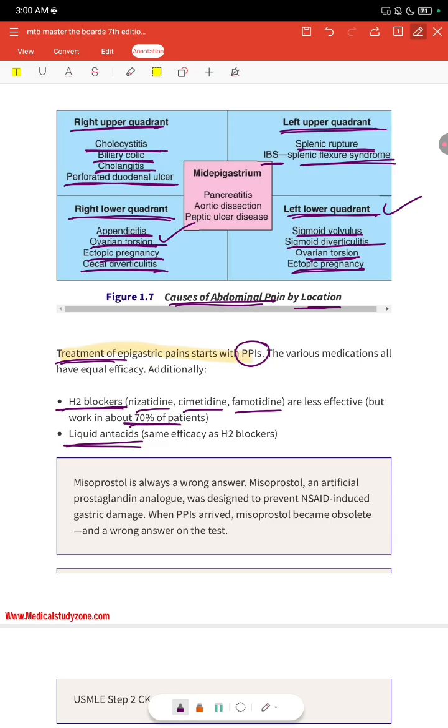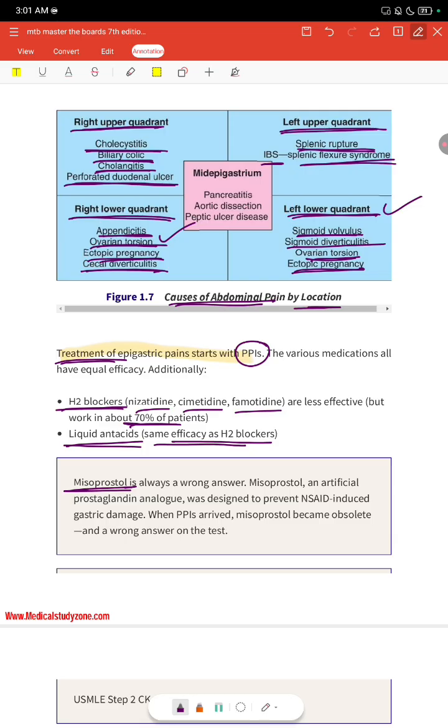So the best treatment is PPIs. Start with the PPIs. But additionally, you can give H2 blockers as well. And along with it, the liquid antacids. Same efficacy as H2 blockers. Less effective but work in about 70% of patients.